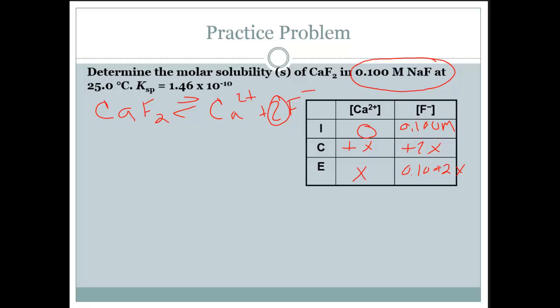We're now going to put this into the equilibrium equation, into the KSP. So we have X times 0.100 plus 2X, squared because of that coefficient, is equal to 1.46 times 10 to the negative 10.